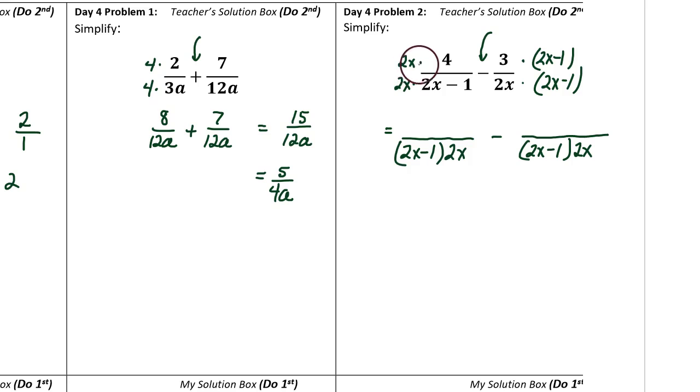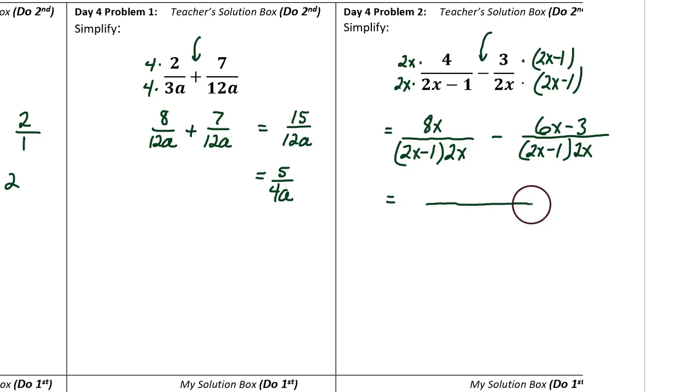In this position here, 2x times 4 makes 8x. In this position here, 3 times 2x minus 1 makes 6x minus 3. Now that we have common denominators, we can subtract our fractions.